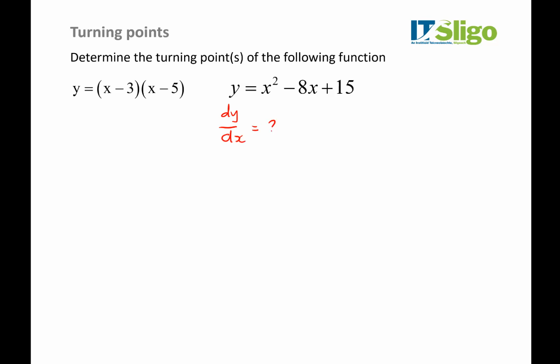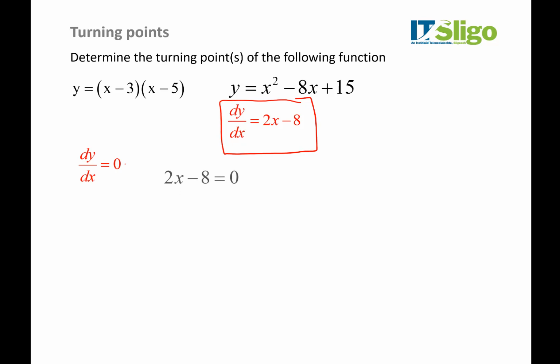The 2 comes down, we reduce the power by 1, and there's our derivative. Now we're interested in where this function is equal to 0, because this is the slope function, remember? That tells us the slope at any point on our curve. We want to know for what x value is dy/dx equal to 0.